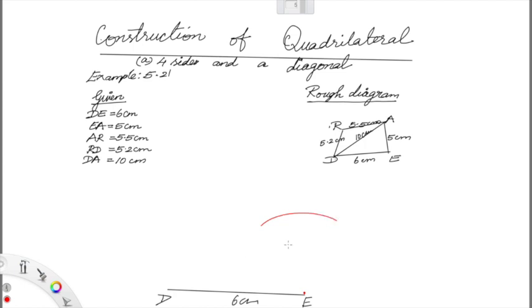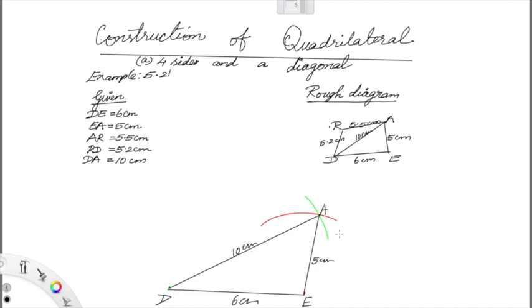And then take 10 centimeter in your compass and place it at D and cut an arc to the previous arc. Done. Now join them and name that vertex as A. Clear? Write the measurements now.